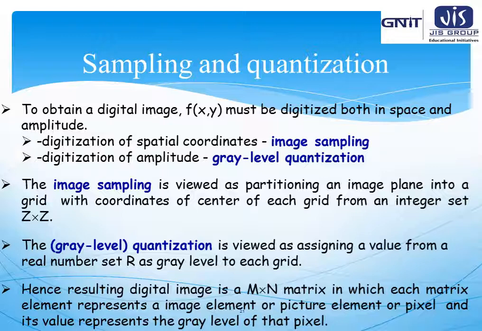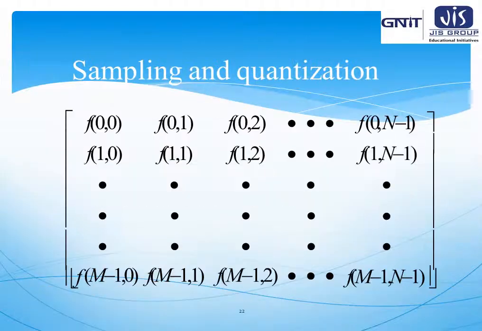The gray level quantization is viewed as assigning a value from a real number set R as gray level to each grid. Hence, the resulting digital image is an M cross N matrix, in which each matrix element represents an image element or picture element, also known as the smallest entity of any digital image, the pixel, and its value represents the gray level of that particular pixel.